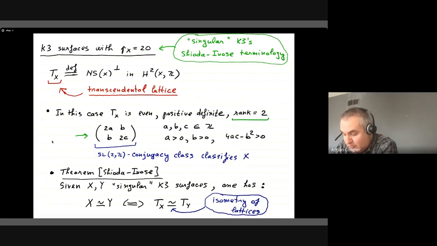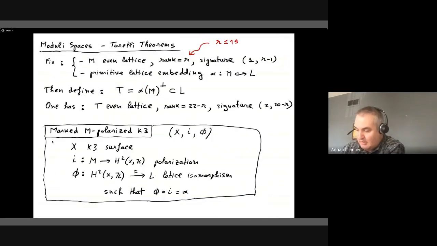So the SL2Z conjugacy class of the transcendental lattice is an invariant for K3 surfaces of Picard rank 20. I just wanted to mention this since I want to cover the high rank situations for K3s. So now, if we abandon this maximal rank 20 and we move to Picard ranks that are 19 or lower, we can actually construct moduli spaces.